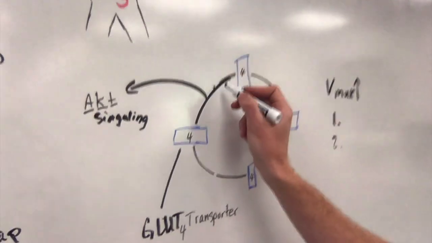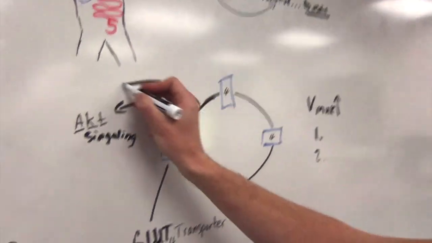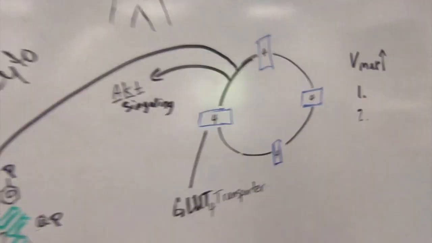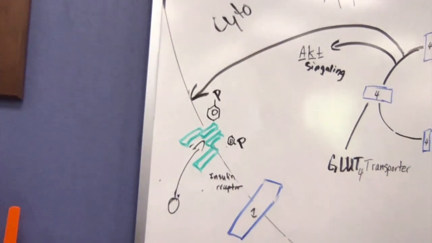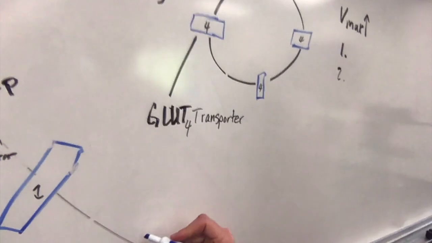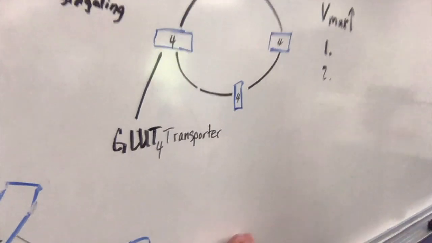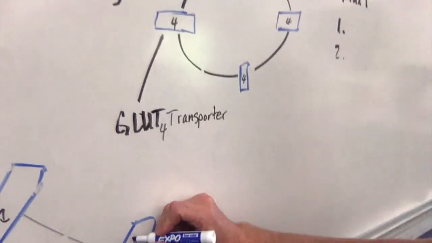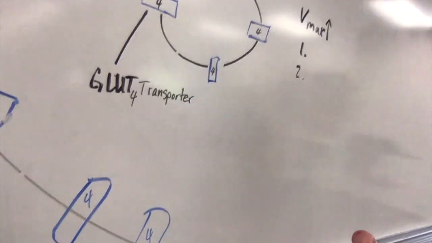This is going to cause this entire vesicle to migrate and merge with the cell membrane. Then, as you can imagine, after we have this merge, we're going to have a lot more GLUT4 transporters appear on the cell membrane.